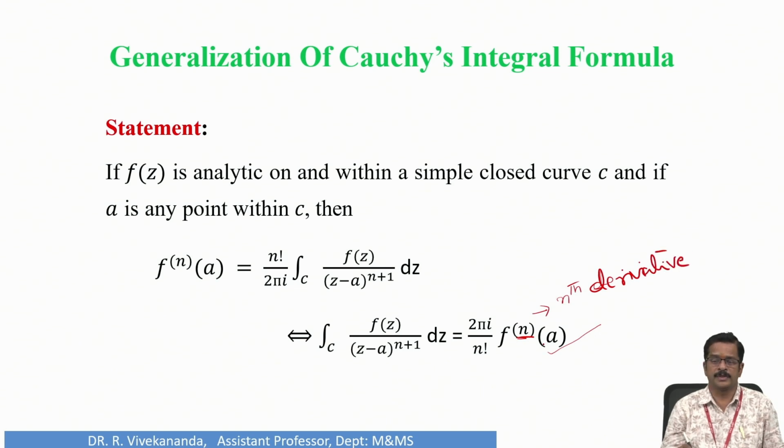If there are n plus 1 singular points, that is, z equals a occurs n plus 1 times, then the evaluation of that function over the curve C equals 2 pi i by n factorial into the nth derivative of f at a. This is the generalization of Cauchy's integral formula.